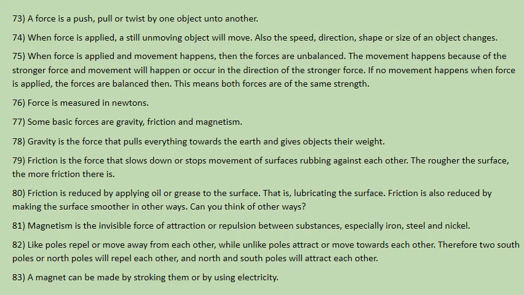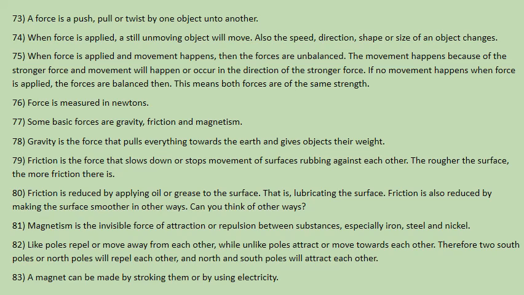Repulsion is when objects move away from each other. And invisible means that you cannot actually see the thing with your eyes. So magnetism is the invisible force of attraction or repulsion between substances, especially iron, steel, and nickel.